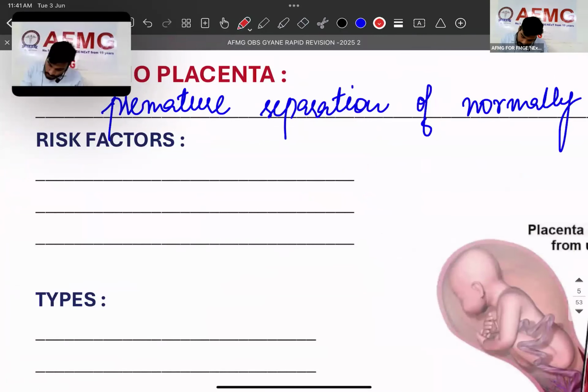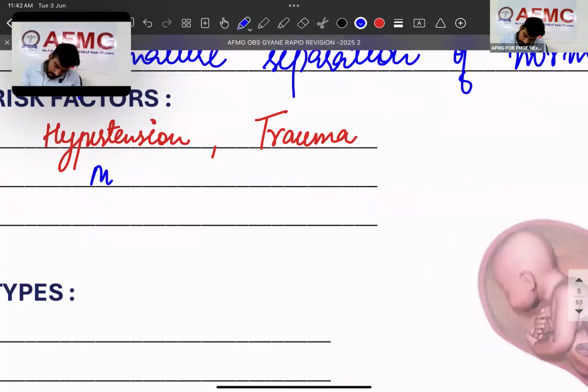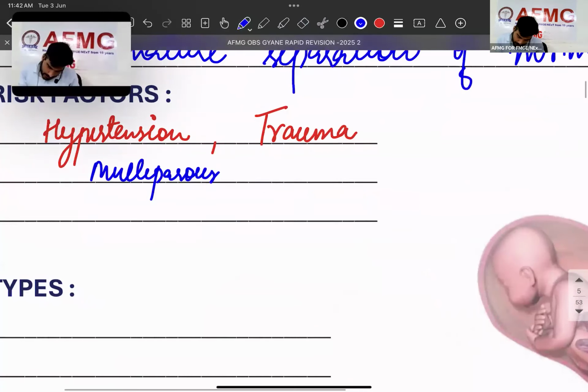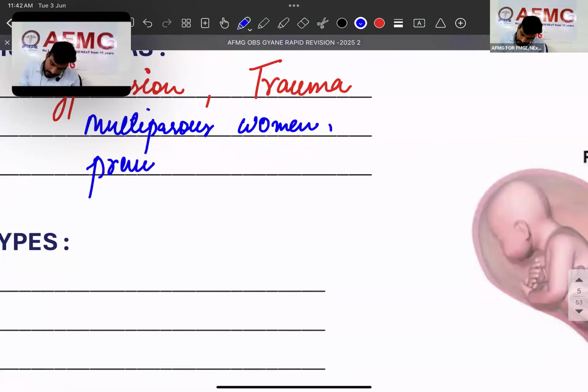First of all, risk factors can be hypertension, trauma, multiparous woman, and previous history of abruption. Is that clear?